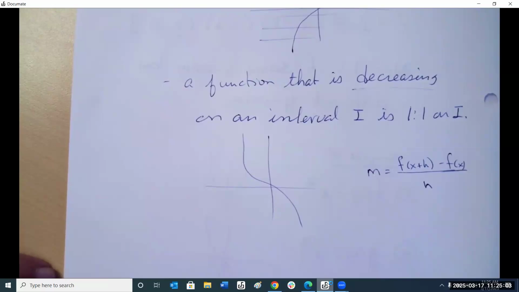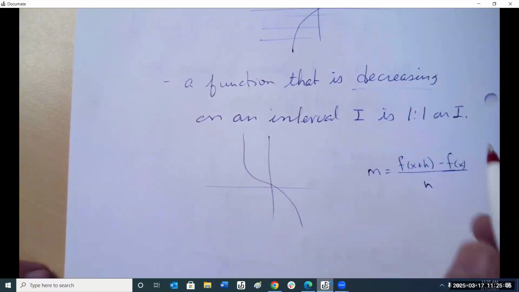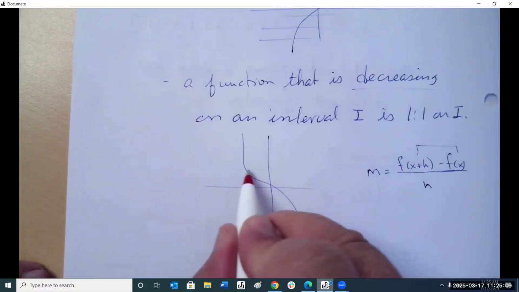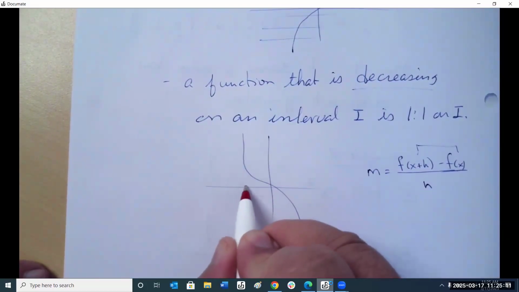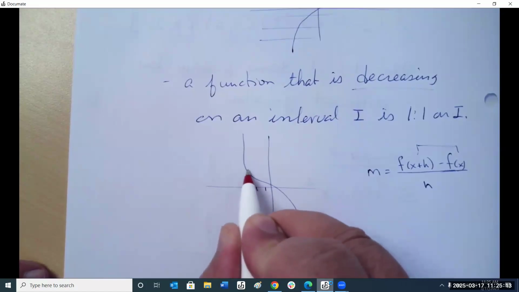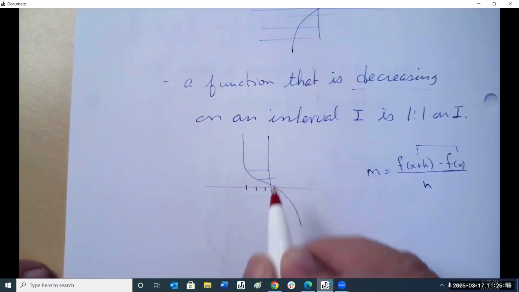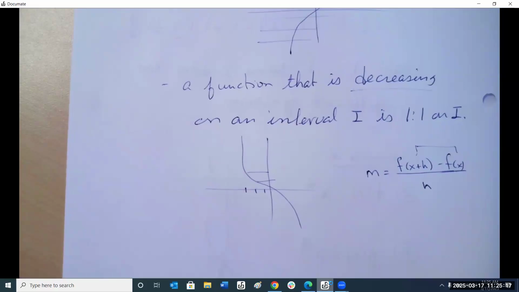It finds a slope. So if it's always decreasing, that means for these two points, as x gets larger, the y values are decreasing. Hence, that's making it negative.